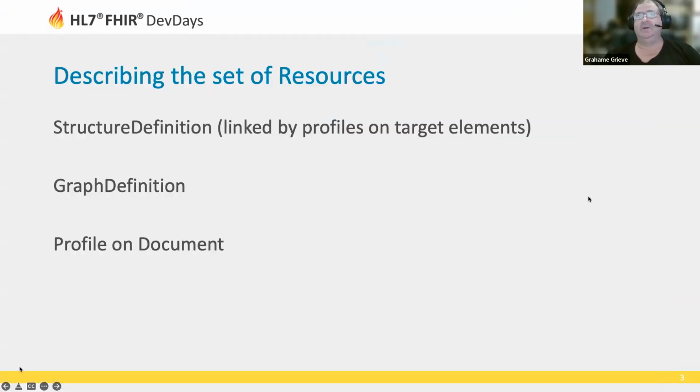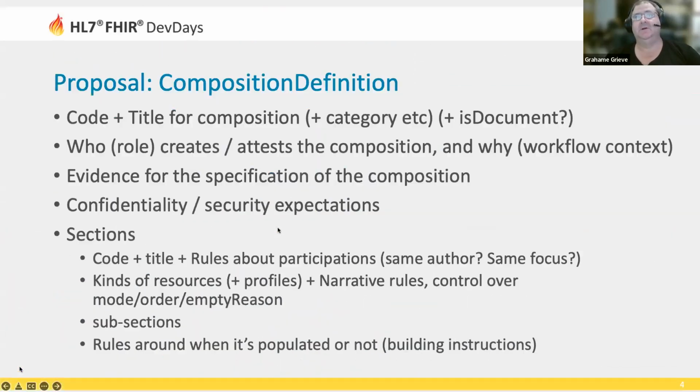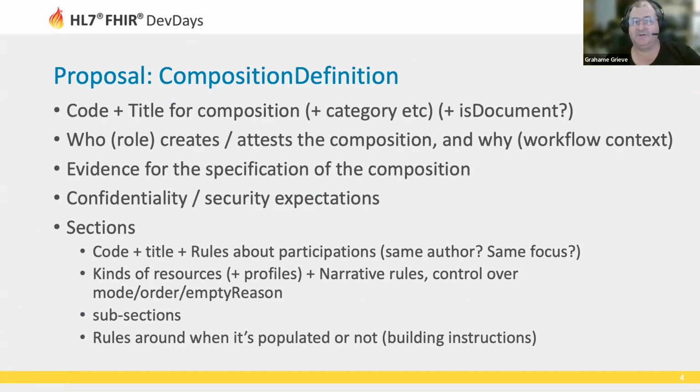What I think we need is a new resource called composition definition. It's a bit like a graph definition, but it describes the composition. It gives the code and a title for the composition and a category, and it's kind of profiling stuff, so it overlaps a little with profile.